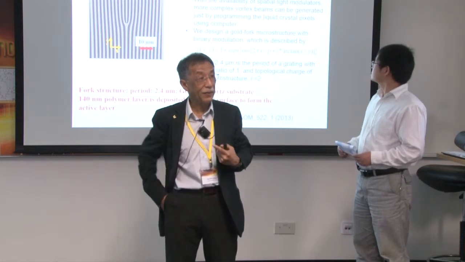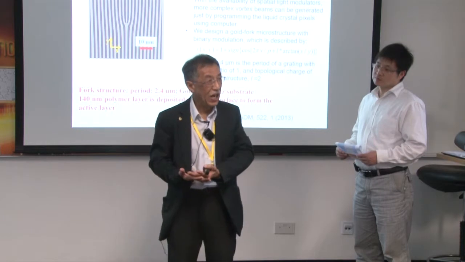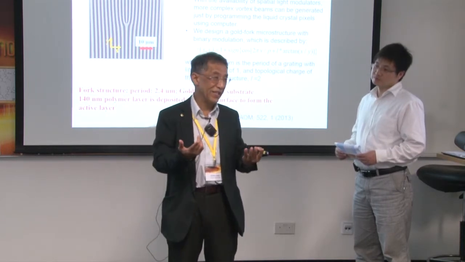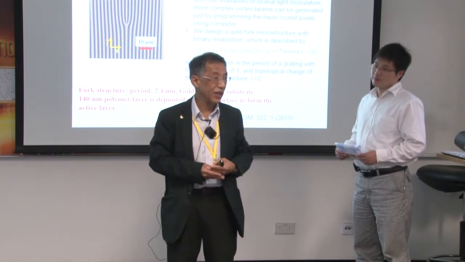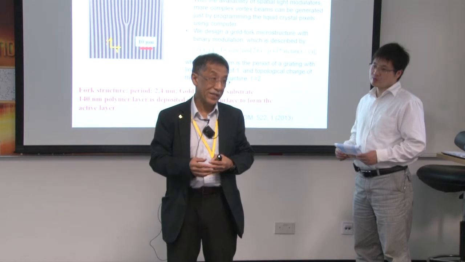For example, I know what wavelength I can generate from my laser system, so that fixes the parameters. Then you tune the periodic structure, and hopefully somebody can make that for you.